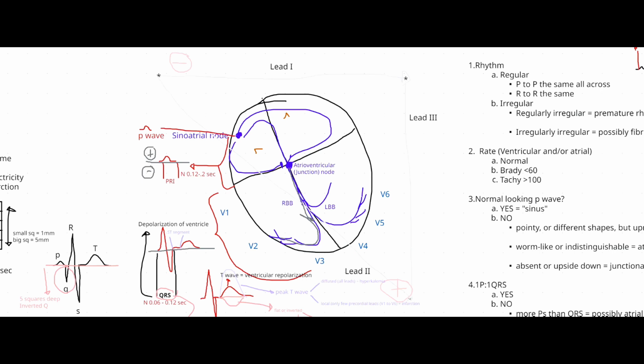But the AV node is at the middle. So it's going to fire electricity this way, but at the same time, it may backfire electricity this way. And that's why it's negative, that's why it's upside down. Because now the electricity is going back to the negative instead of positive. It's going to be an inverted wave.